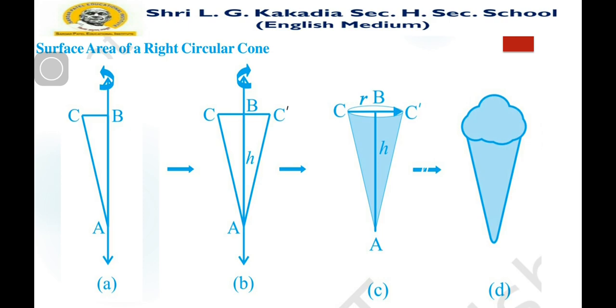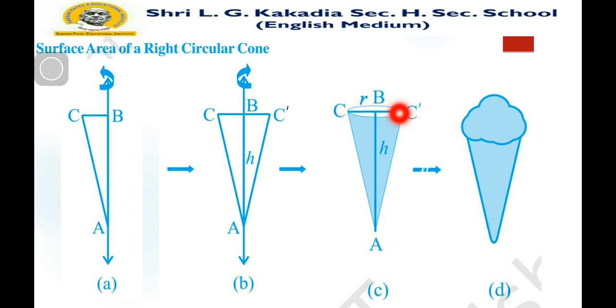What is the surface area? As we know, if we touch the outer side of this cone, it is known as the curved surface area of the cone. The total surface area includes its base.